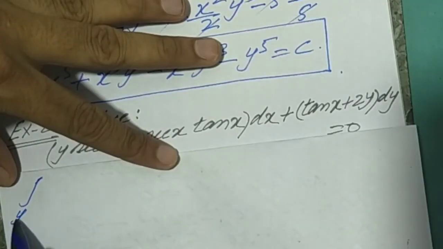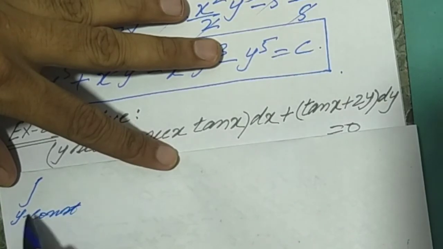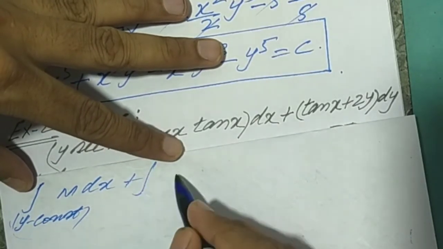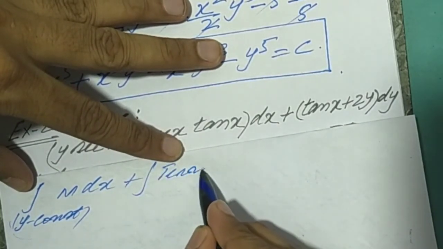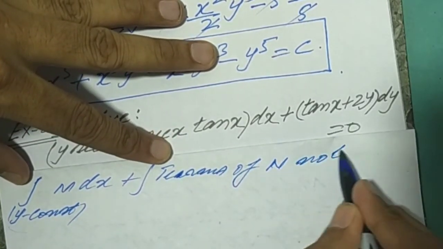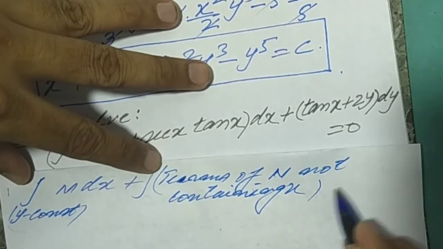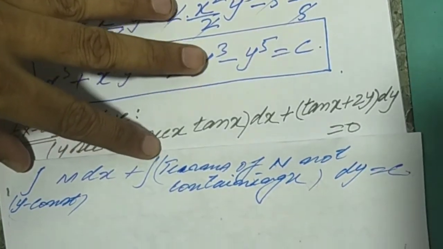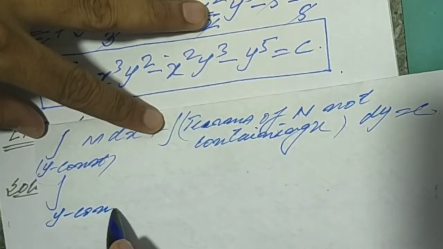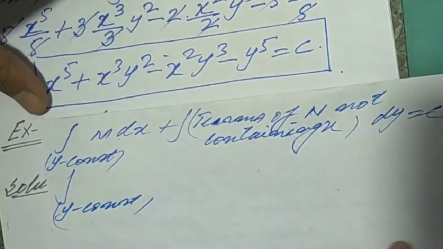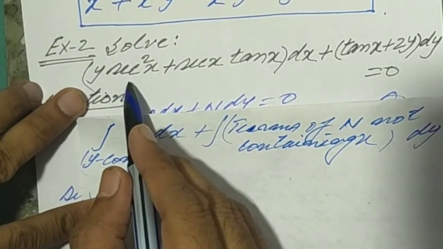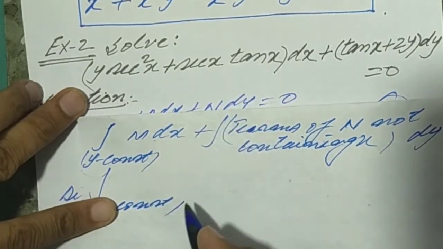The solution is integral, y as constant, M dx plus integral of terms of N not containing x, dy is equal to c. So integral, y as constant, M. So we get M as y sec square x plus sec x tan x.